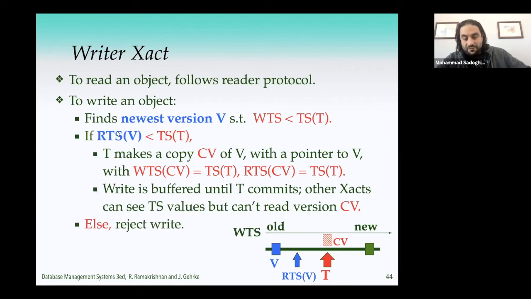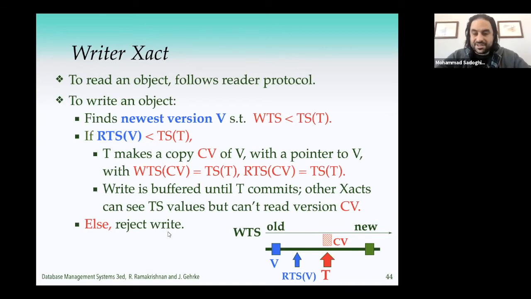Now for the other part of this condition: if the version that I'm going to write, this red version, could potentially have been visible to some other ongoing transaction, then this write is rejected and the transaction needs to abort.